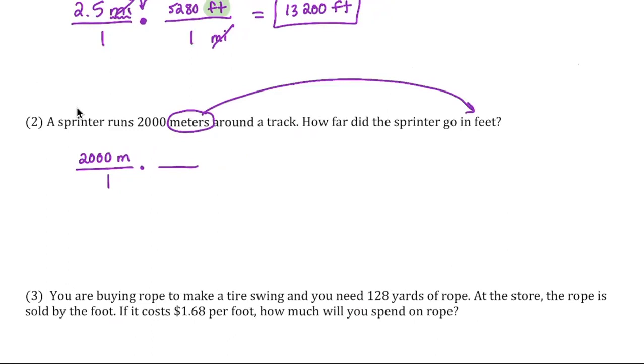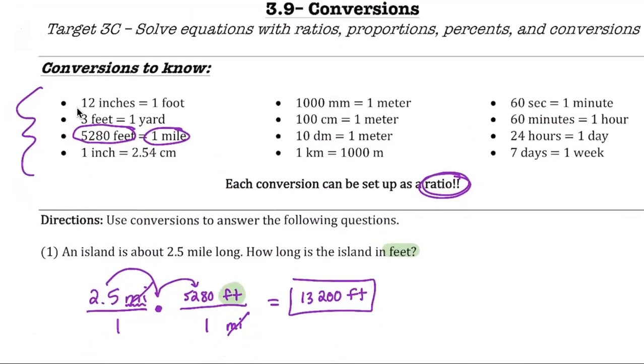And unfortunately, if we look up above at our conversion factors, I don't see any that go directly from meters into feet, which is sad. But we can still work through this. So let's start working through, and I'm going to look through all of my conversions that actually involve meters. And the only ones that I really see right now are the ones that are right here.